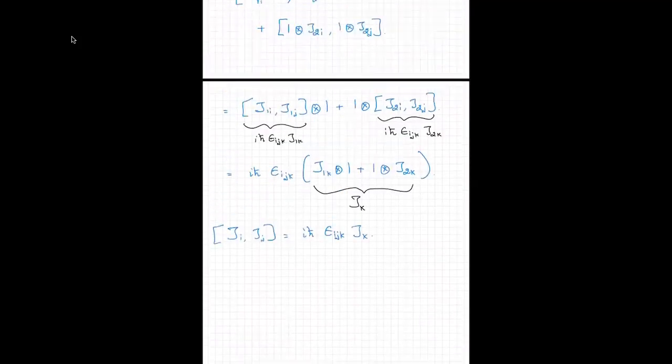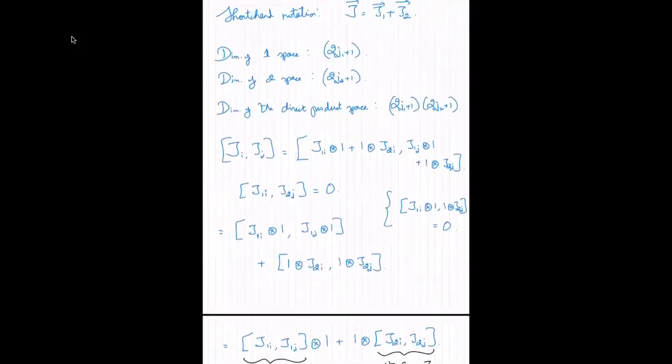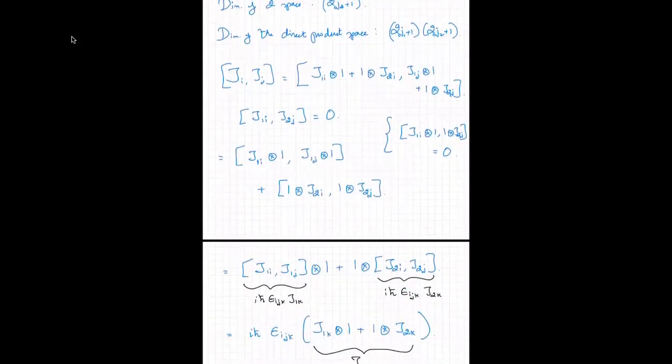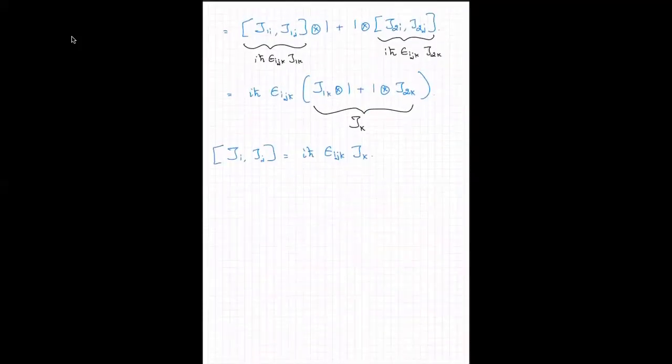So now you actually realize that while I had done this out, I also made quite a few missteps. It is actually quite cumbersome to carry through this notation. So if I had simply used the shorthand notation and written J as J1 plus J2, then I can simply write Ji as J1I plus J2I. And if I had evaluated the commutator this way, then I would have written [J1I plus J2I, J1J plus J2J].